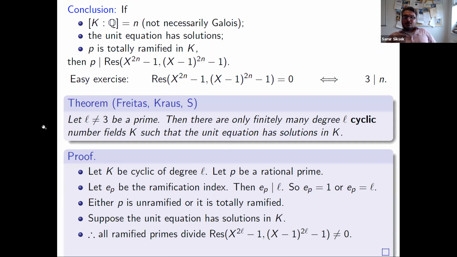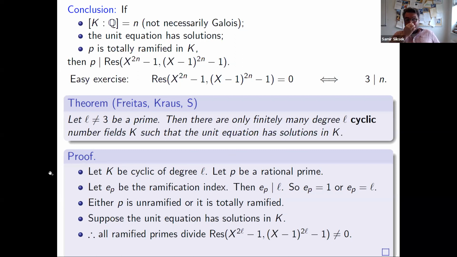So the statement says there are only finitely many degree L cyclic number fields K such that the unit equation has solutions in K. Okay, so let's see why assume cyclic, why it makes things easier.